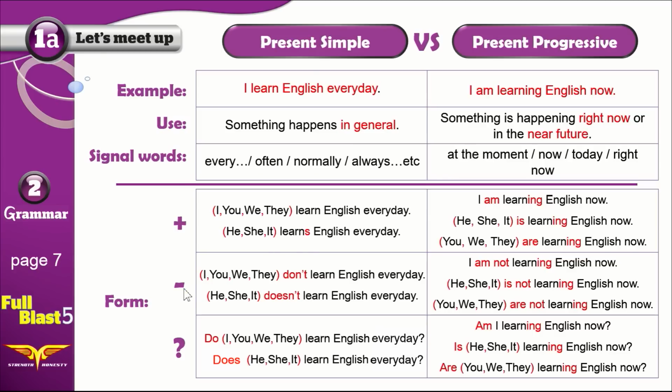If it's negative or question, no S. No S. Why? Because we are using doesn't. When you use does or doesn't, you don't add S to the verb. This is important.